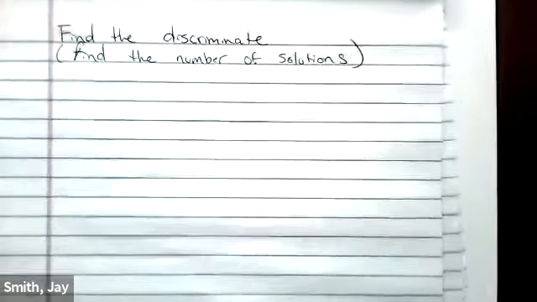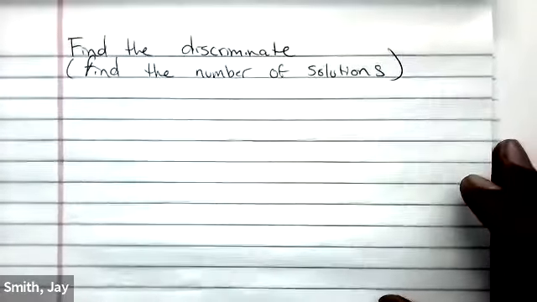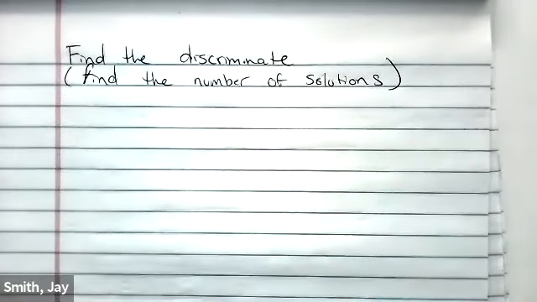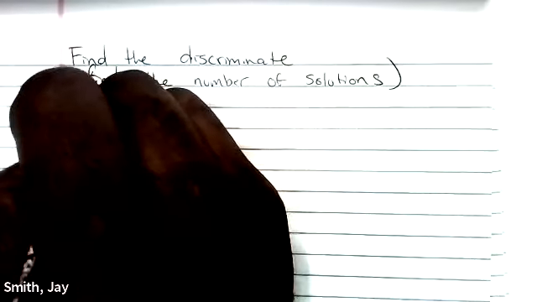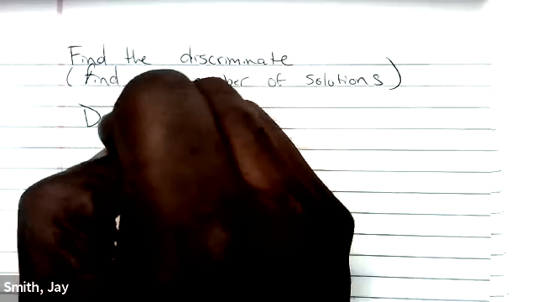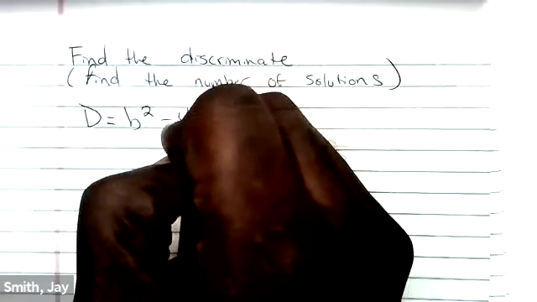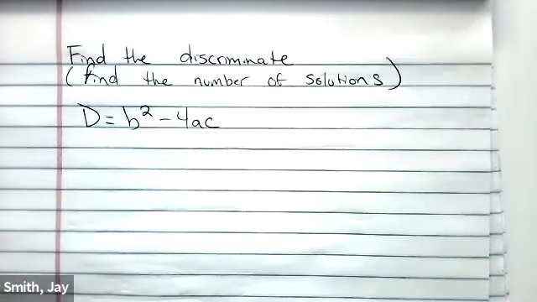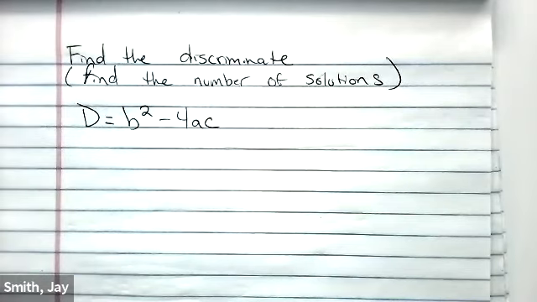All right, so whenever we're using the discriminant, we're not trying to figure out what the solutions are per se. We just want to know how many solutions we're going to have. The discriminant, usually signified with a capital D, is equal to b squared minus 4ac. Or it's going to be the part of our quadratic formula that's underneath the square root symbol.